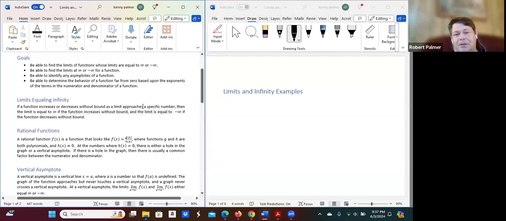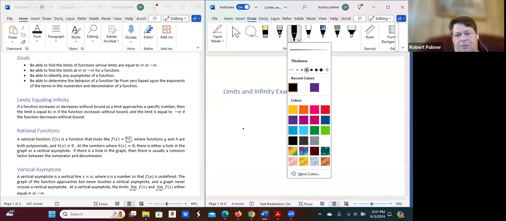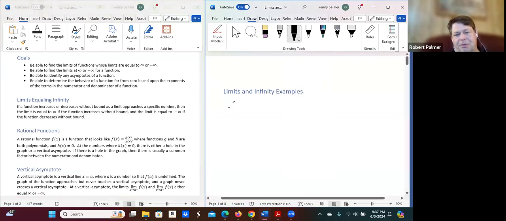So let's take a quick look at an example over here. A familiar example. Let's look at some examples, specifically of 1 over x.